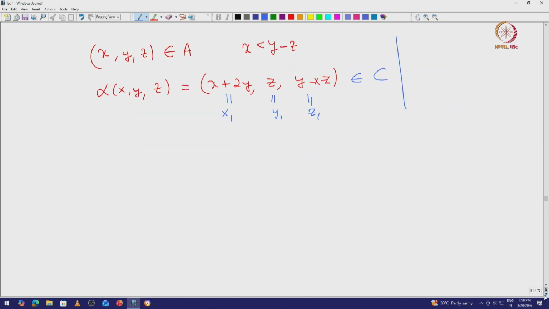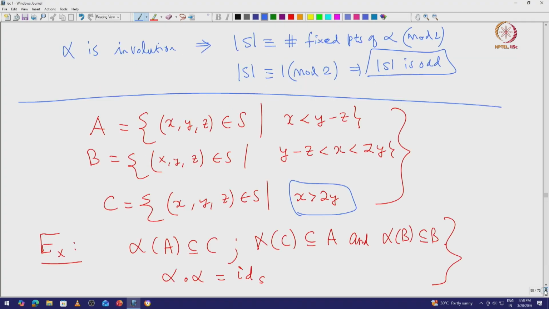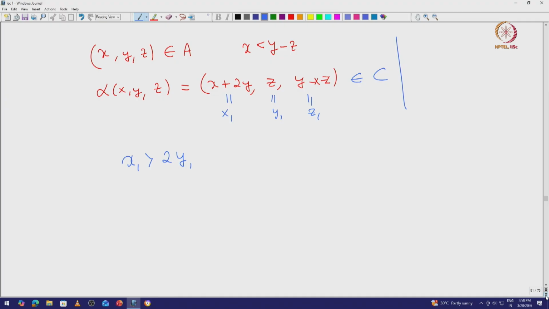So, we need to check x1 is greater than twice y1. Okay, that is what we need to check. But what is x1? x1 is nothing but x plus 2y, y1 is z, so this is exactly 2z, and we need to check that x plus 2y is greater than 2z, which is obvious because x is already given to be.